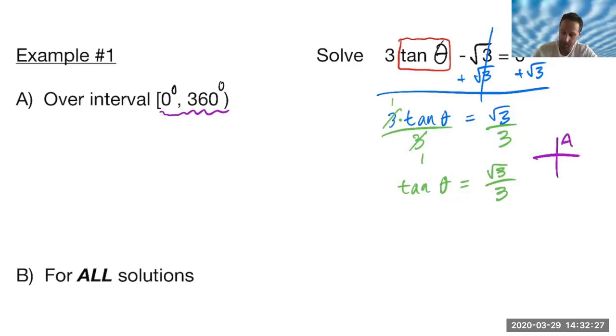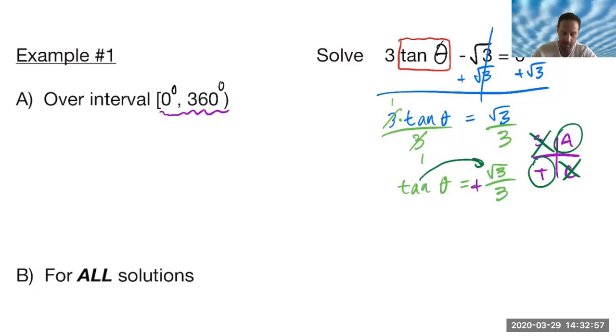And since we know it's positive, we know there are two different quadrants where tangent is equal to a positive. And in this case, we are definitely not looking at quadrant 2 or 4. So we're looking for a reference angle in quadrants 1 and 3 for tangent that gives me root 3 over 3.